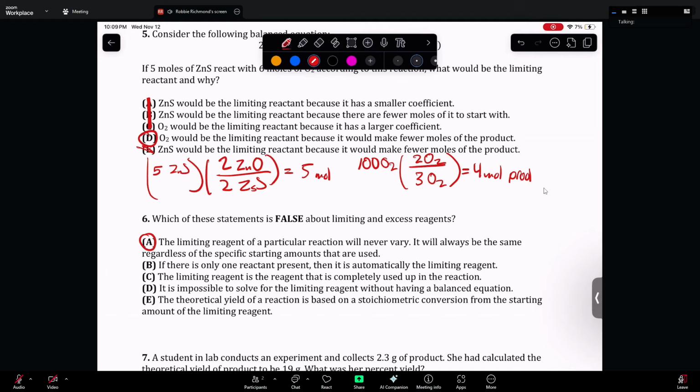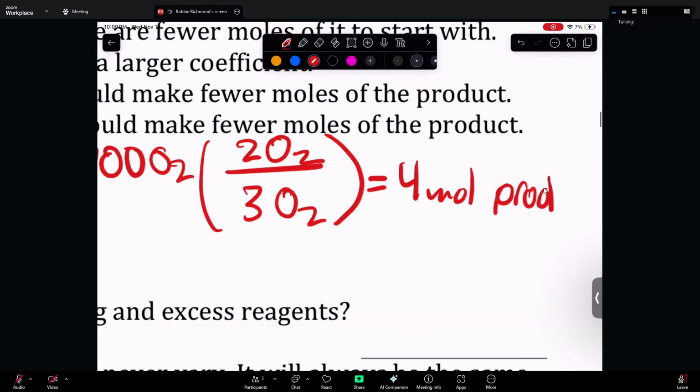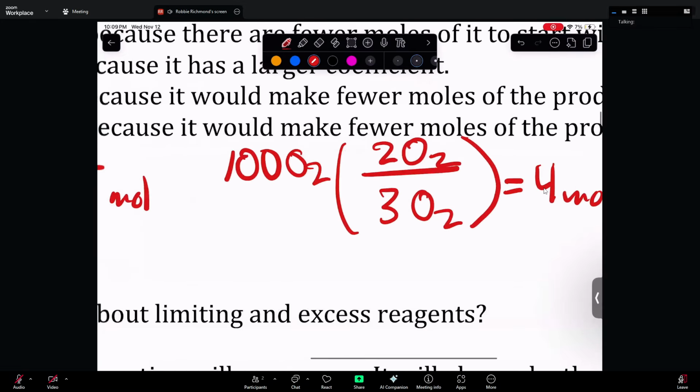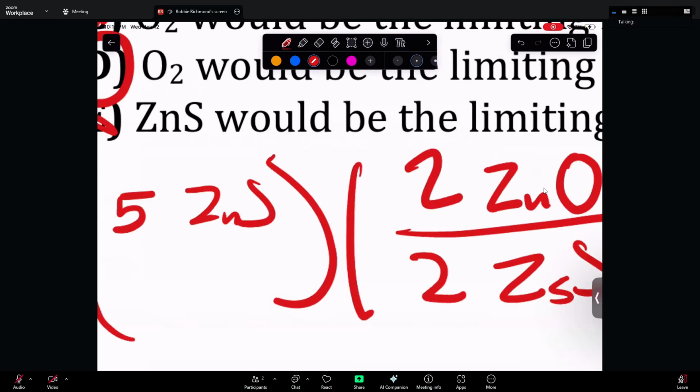If there's only one reactant present, then it's automatically the limiting reagent. That's true. C, the limiting reagent is the reagent that is completely used up in the reaction. That is completely true in that previous case. If we had both of these, all the oxygen would be used up and we would have some excess ZnS.